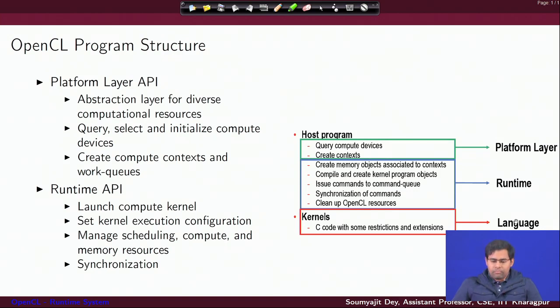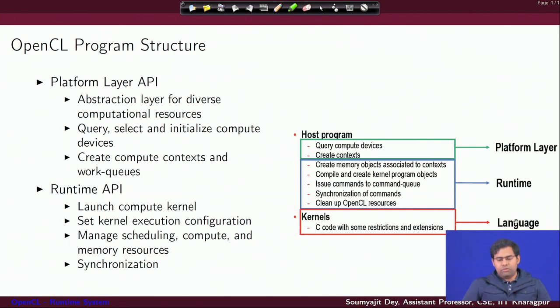Using this query phase, you learn about the parameters of the underlying platform, such as the number of devices from different vendors, which are useful for creating the contexts of execution, as we have discussed earlier.